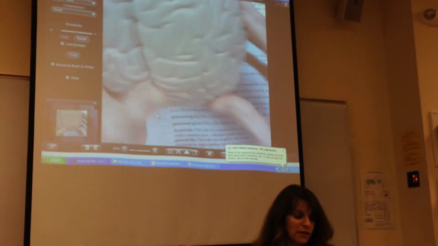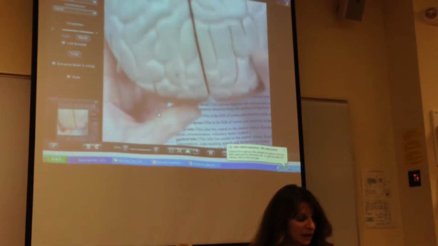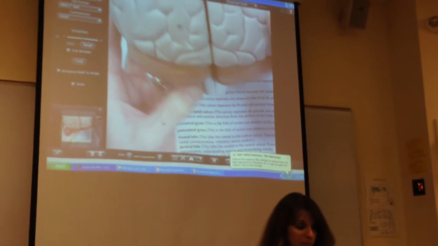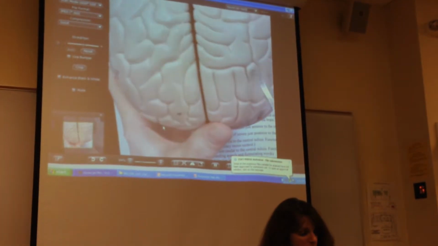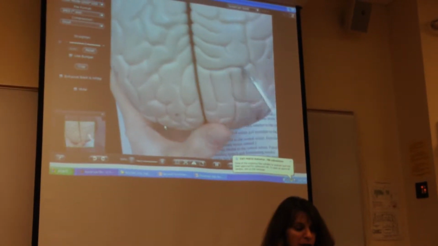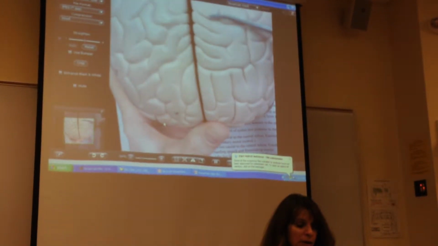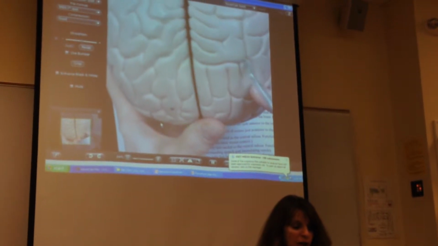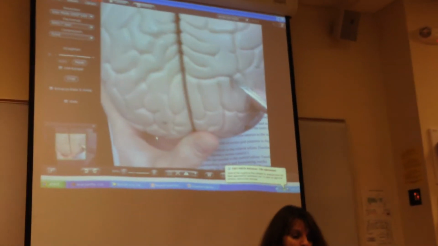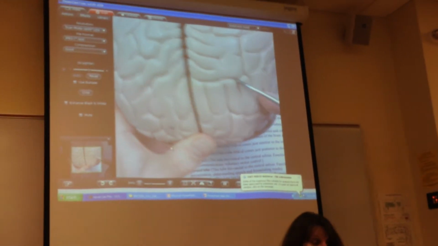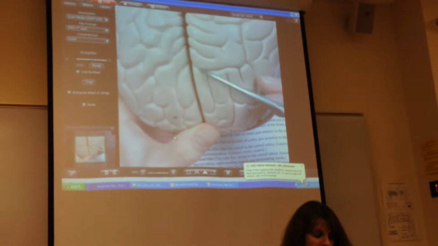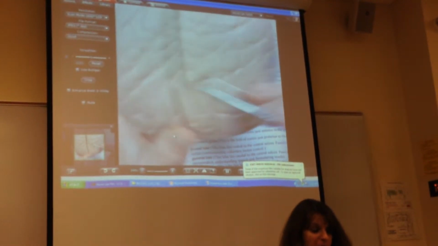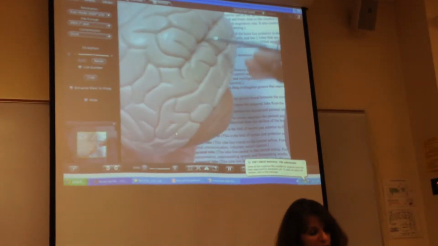Then if I turn back here, going back to where our cerebellum is, can everyone see, between the parietal lobe and what's this lobe back here? Occipital. What should I call this sulcus right here between the two? Parieto-occipital sulcus. And what was this sulcus on the side?